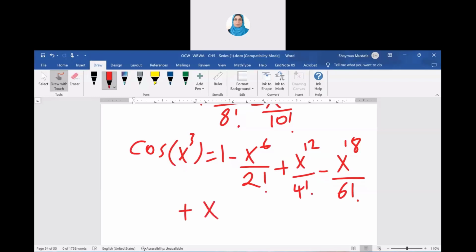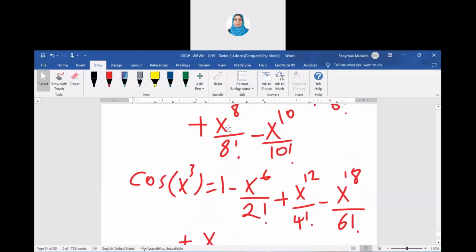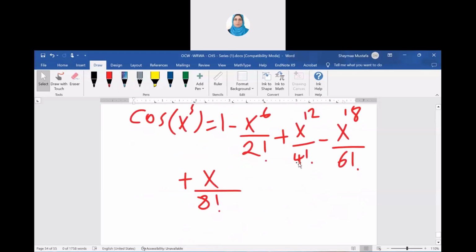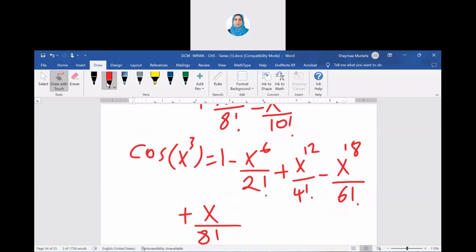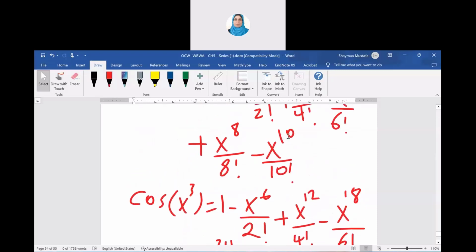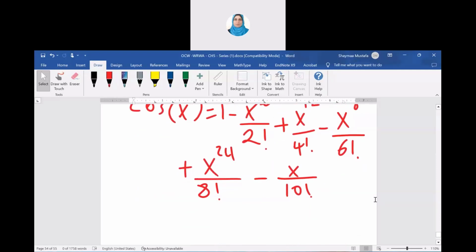Okay, plus x. Replace x to the power 8 by x cubed to the power 8, which means x to the power 24. Minus x over 10 factorial, you have x cubed to the power 10, x to the power 30.